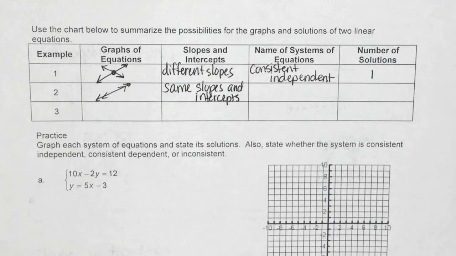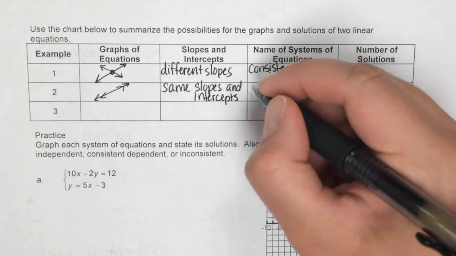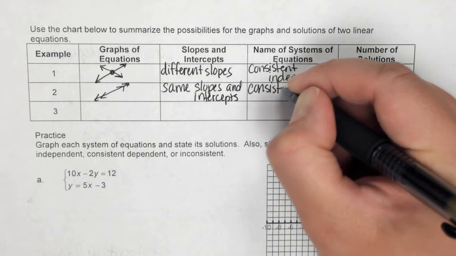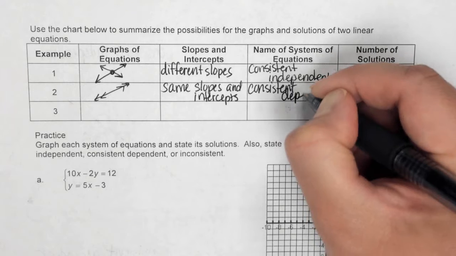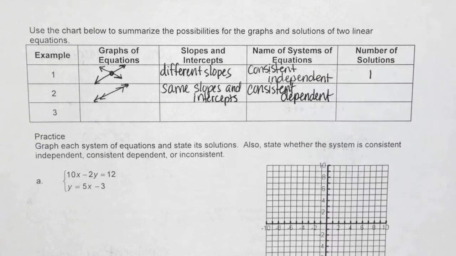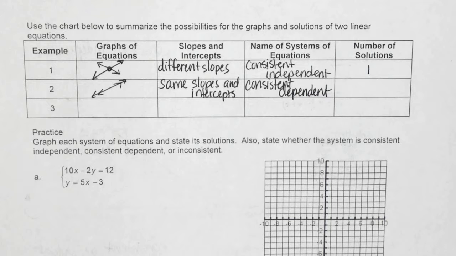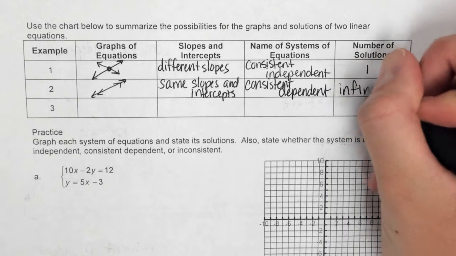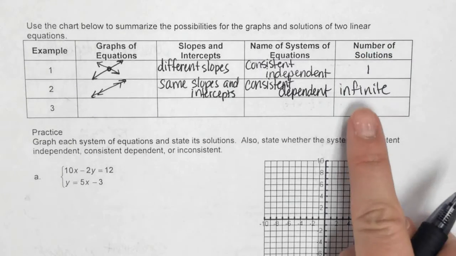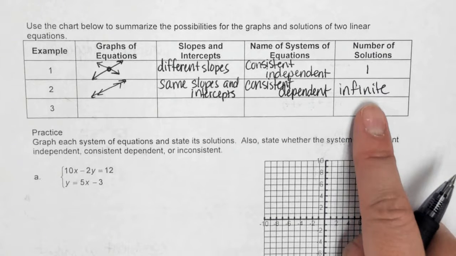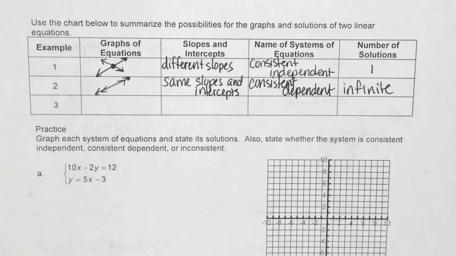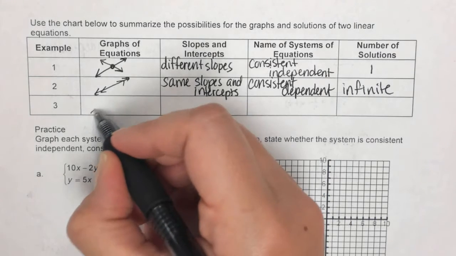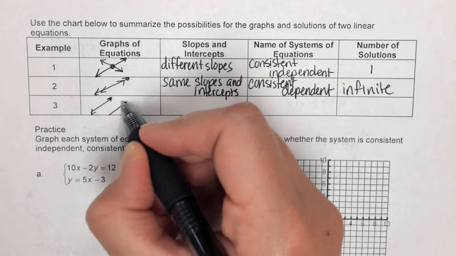Okay. Name of system of equations. So this was called, yes ma'am, consistent dependent. And the number of solutions was infinite, right? There were very many. So I can write infinite here because I'm not being asked what those solutions are. I'm just being asked how many are there. Okay? And then our last one was the parallel lines, right?